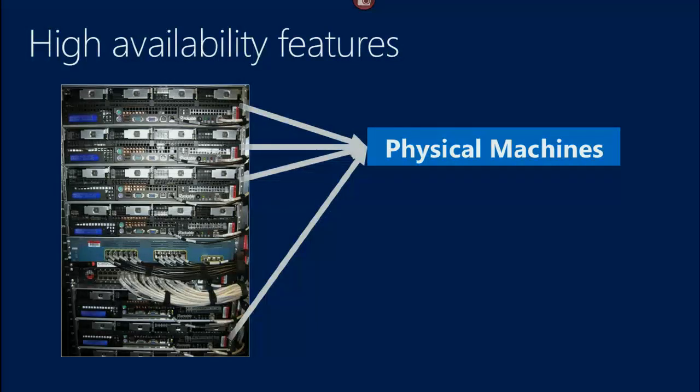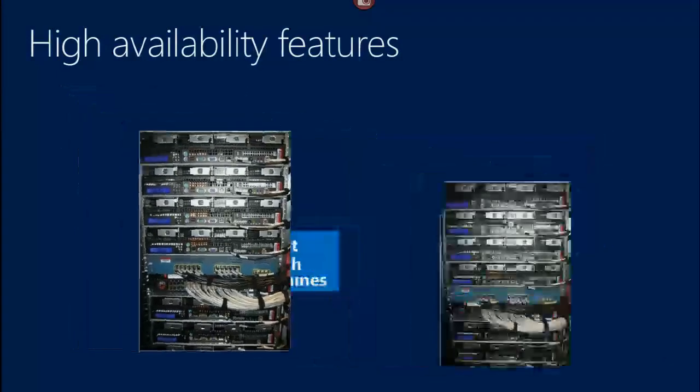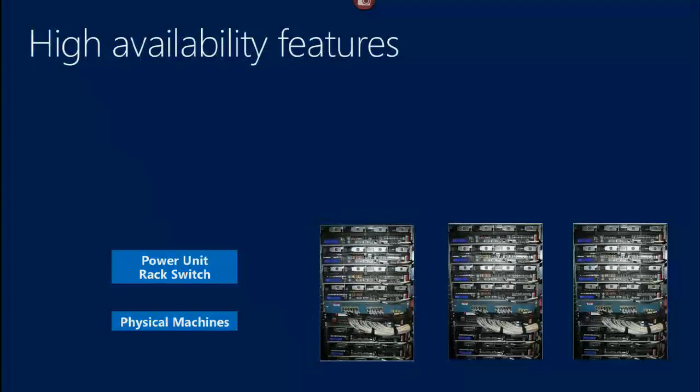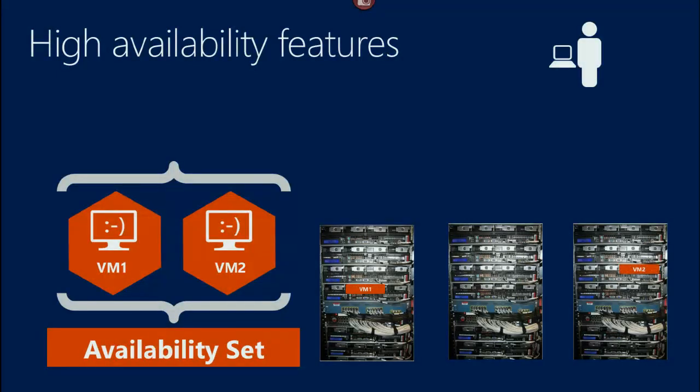You can see that the physical machine is one, the power unit switch on the left is another one, and then you can see there are 3 racks. If we have 2 VMs and we put them in an availability set, you can see that they're placed in 2 different racks, not just 2 different servers.